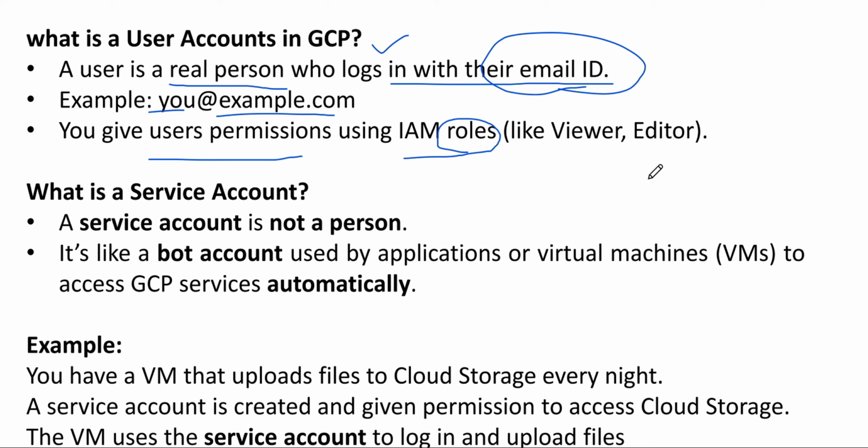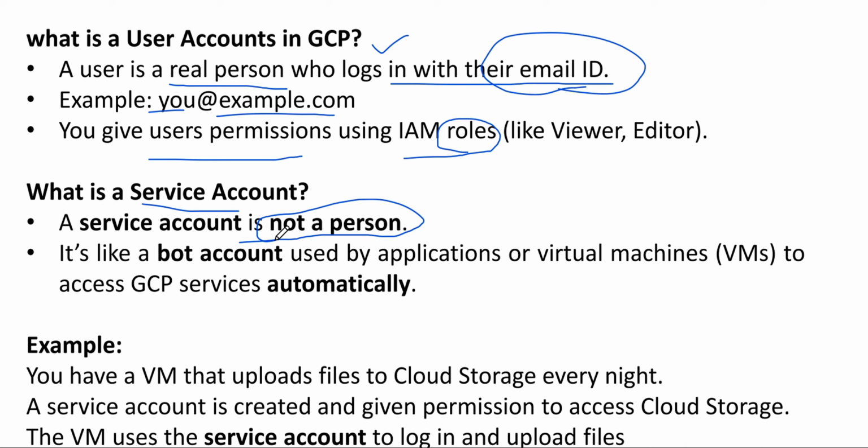Now, the other type is the service account. The major difference between the user account and the service account is that in the user account you have a real person, but in the service account you do not have a real person. For example, take a bot account.